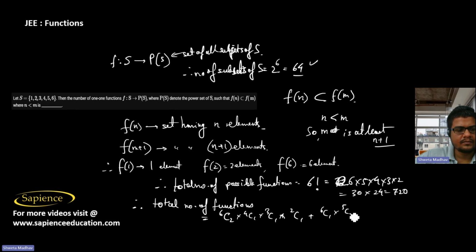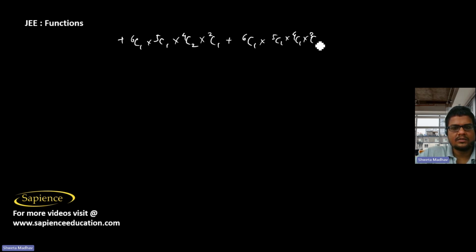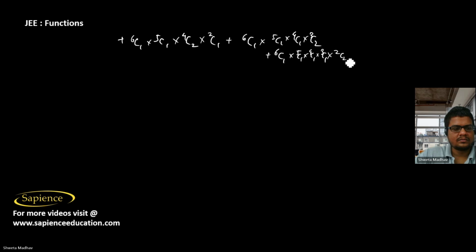6c1 into 5c2 into 3c1 into 2c1 plus 6c1 into 5c1 into 4c2 into 2c1 plus 6c1 into 5c1 into 4c1 into 3c2 plus 6c1 into 5c1 into 4c1 into 3c1 into 2c2 plus 6c1 into 4c1 into 5c1 into 3c1 into 2c1.